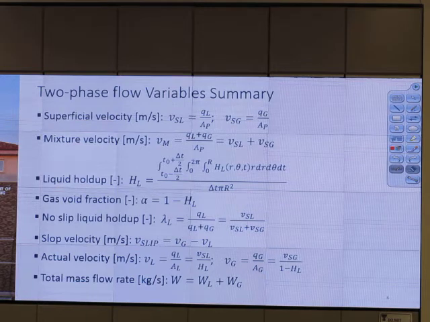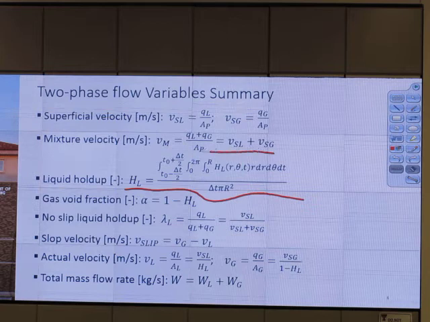Liquid holdup. This liquid holdup is the average over the time delta T and over the pipe cross-section area. The physical meaning of this equation is, first we do area integration, right? R dR d theta is the area integration in cylindrical coordinates.